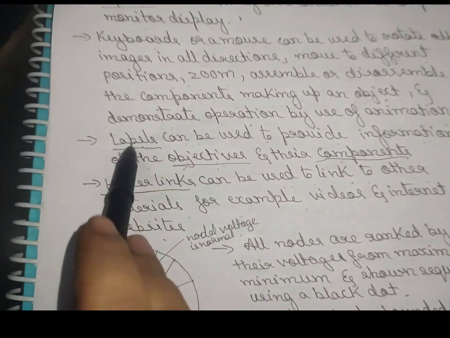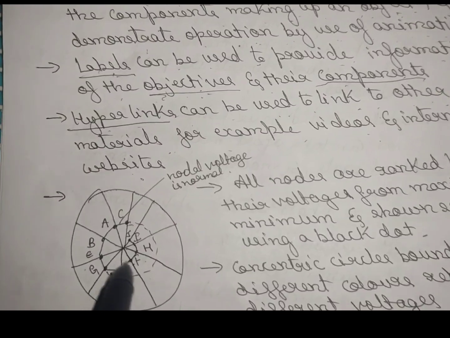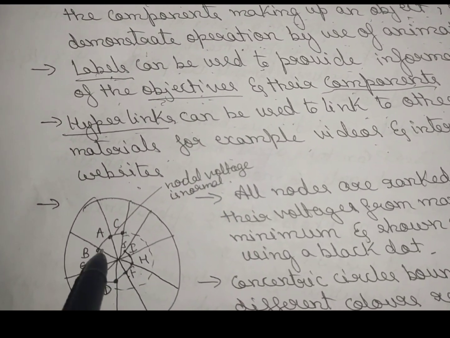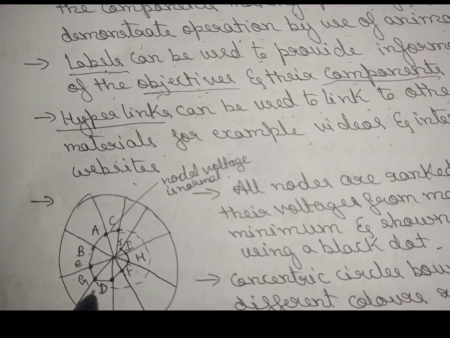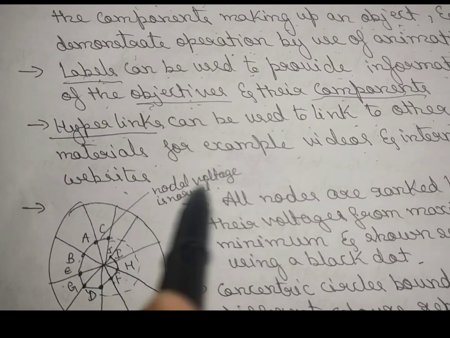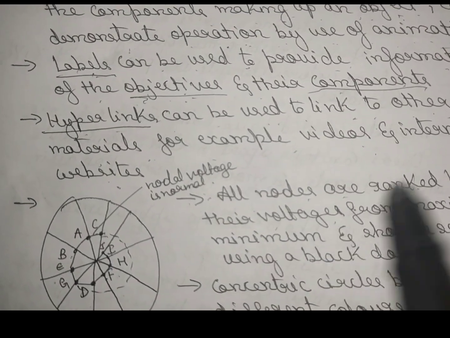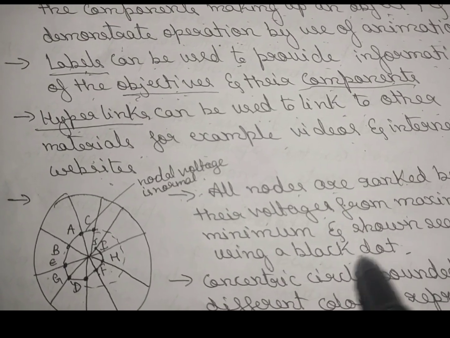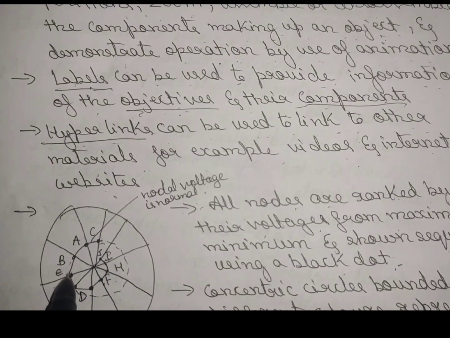So labels, hyperlinks. This is the figure you can observe here: nodal voltages are normal. A, B, C, all nodal voltages are normal. All nodes are ranked by their voltages from maximum to minimum and shown sequentially using a black dot. You can observe we have shown a black dot on this.